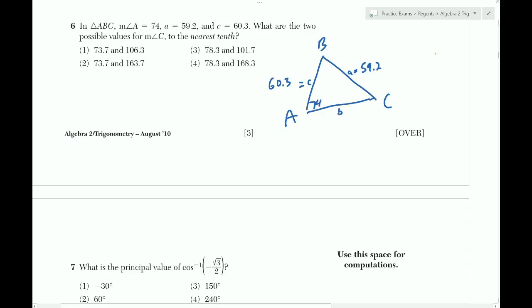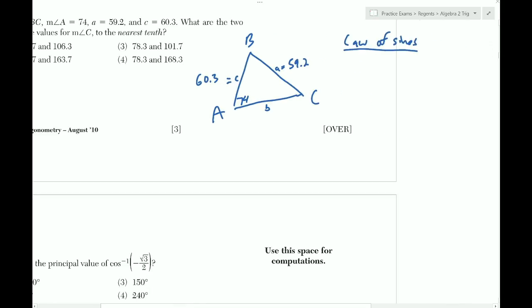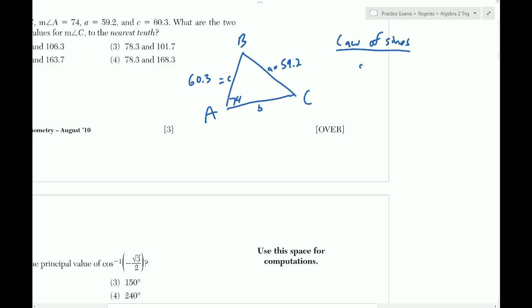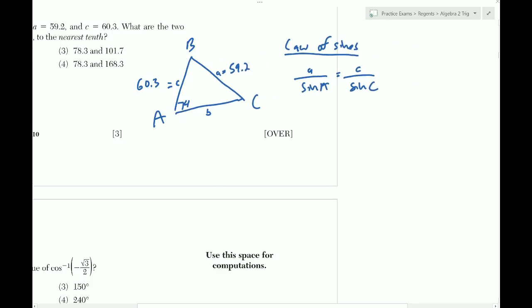Okay, so this is going to be a law of sines question. So we know to use law of sines whenever the question is providing us with 3 out of these 4 pieces of information. In this case, we have C here. So A over sine A equals C over sine C. And we're given 3 of these.